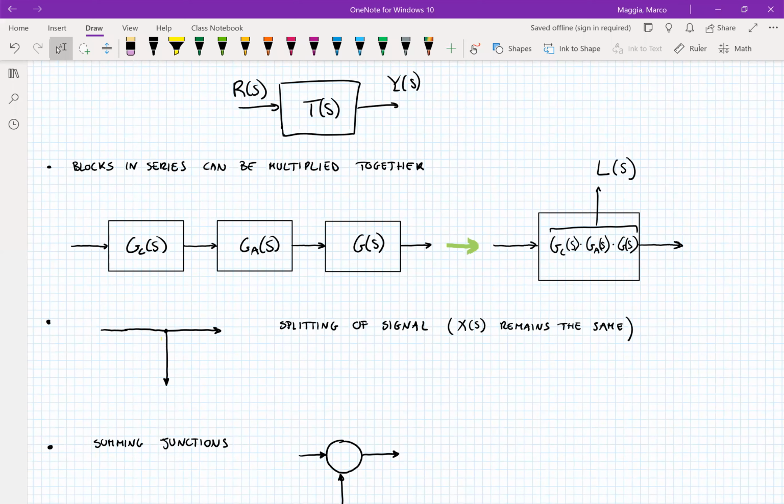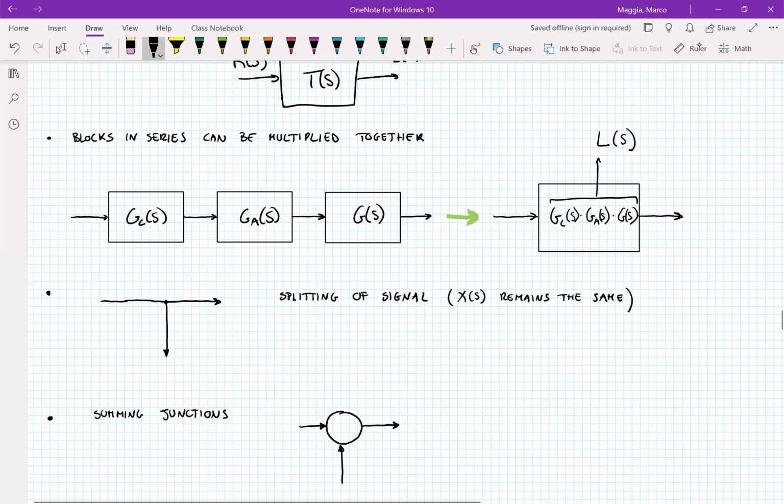The second rule is just that if you have a signal and the signal splits, the signal remains the same in the two branches. So after the split point, you have X of S going straight and going downwards. That's very easy.